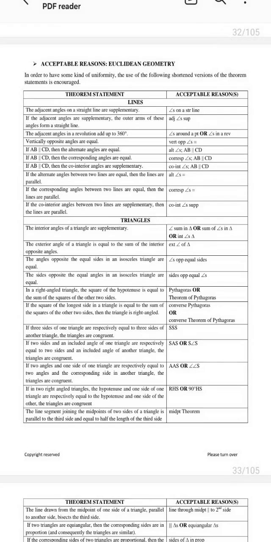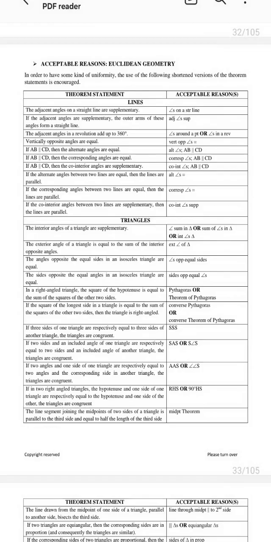And therefore, the line that those angles are placed on must be a straight line. That's why the theorem says if the adjacent angles are supplementary, the outer arms of these angles form a straight line.